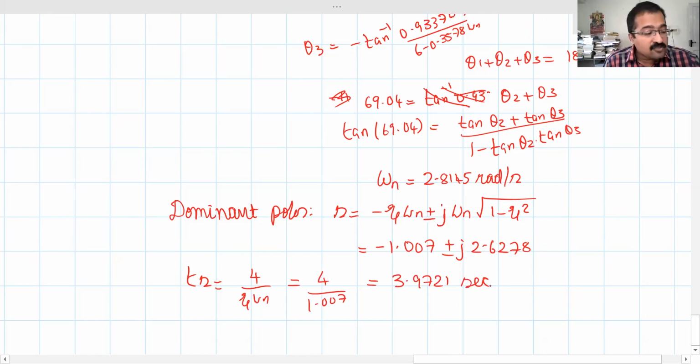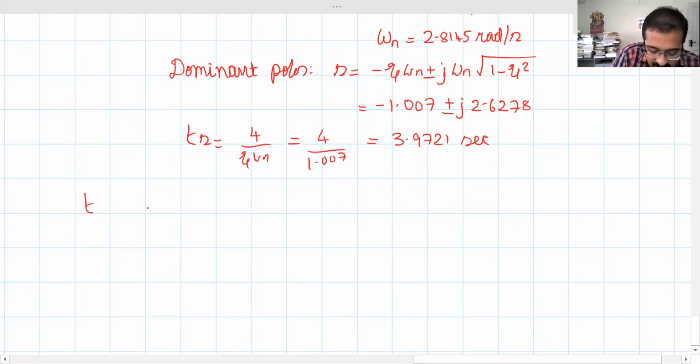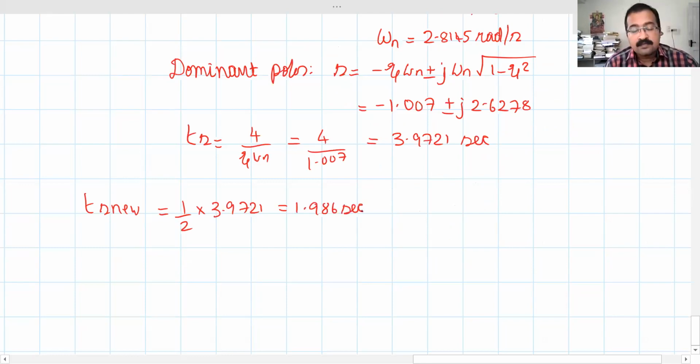Now that has to be reduced by a factor of 2. That means the new settling time Ts new is 1 by 2 into 3.9721, which is 1.986 seconds. That should be the new settling time.